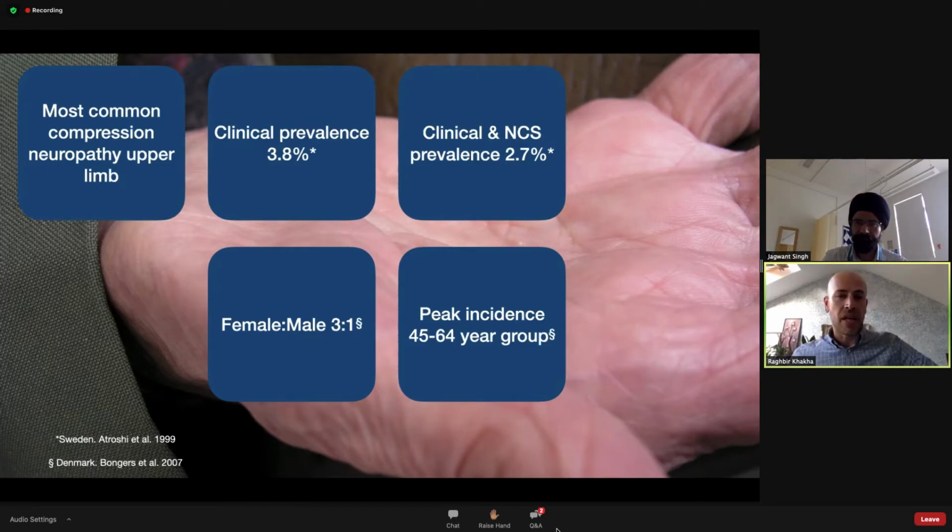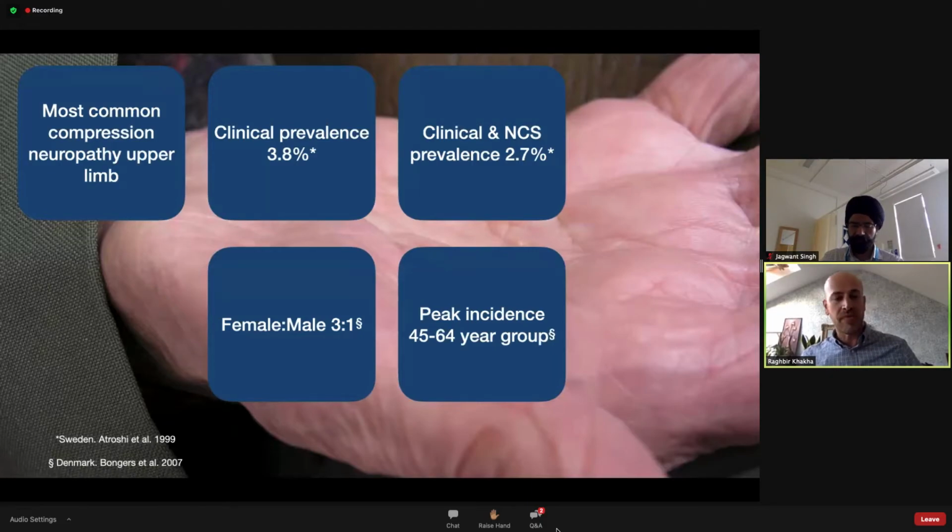It has a general clinical prevalence of around 3.8%, and this is based on some classic data from Sweden on a 170,000 population. If you were to perform clinical studies and nerve conduction studies, the prevalence comes down to around 2.7%.